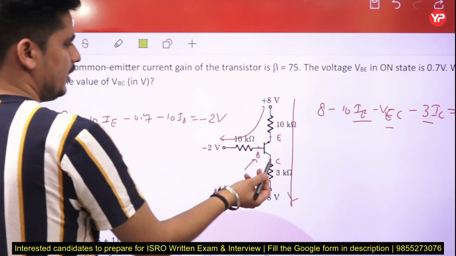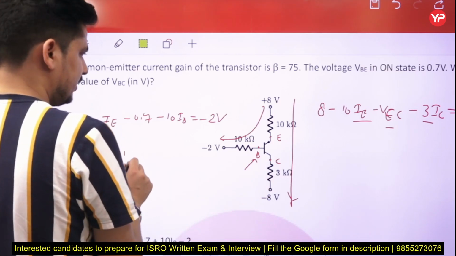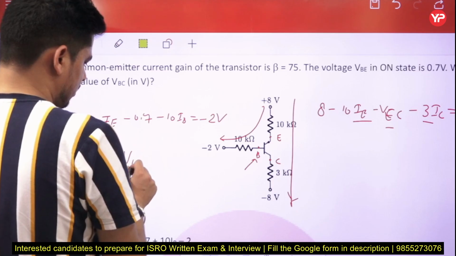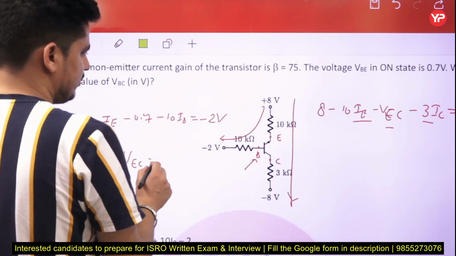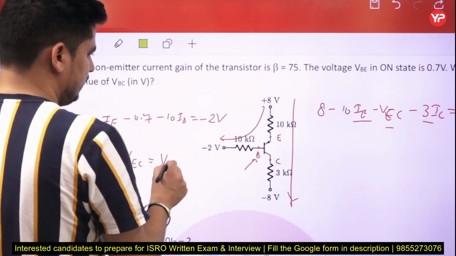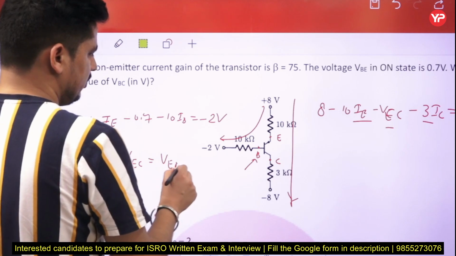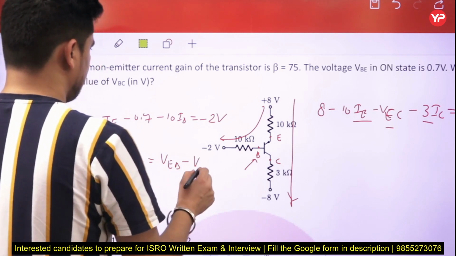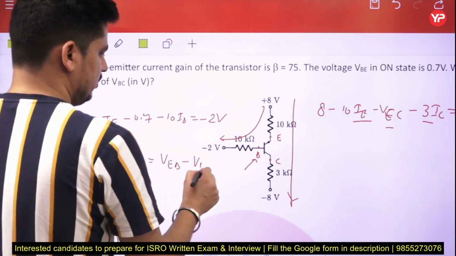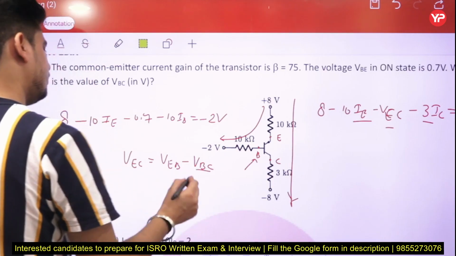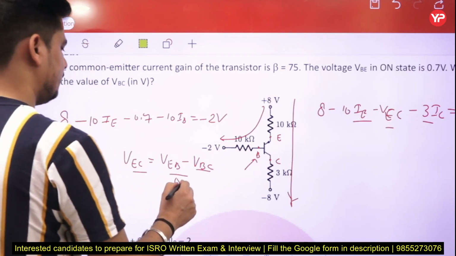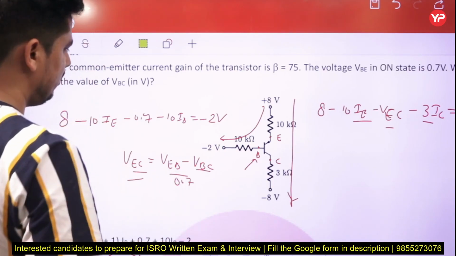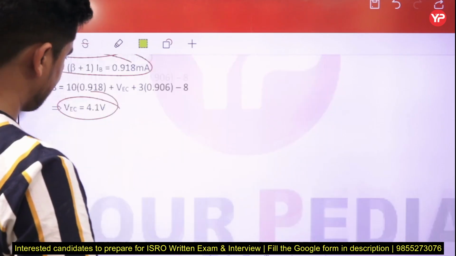When you get the VC value, you can calculate this value VCB. So we can write that VEC is equal to VEB minus VBC. You can put in these values. This is 0.7 volt.